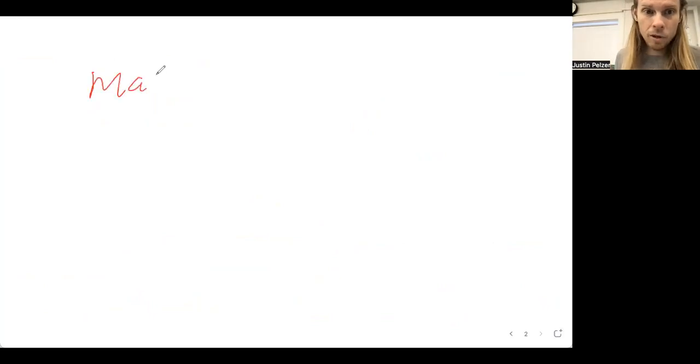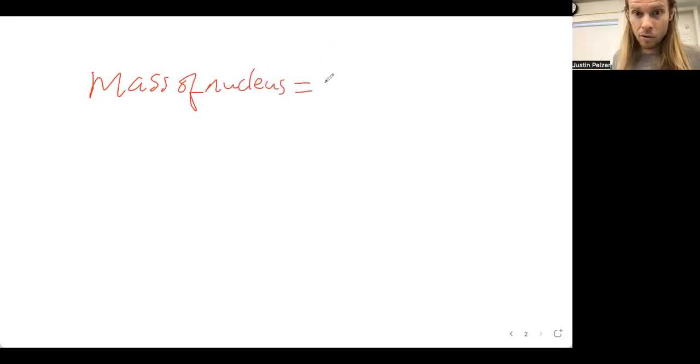The mass of a nucleus, and I'm going to write it like this, equals the number of protons times the mass of a proton, plus the number of neutrons times the mass of a neutron, plus the binding energy. But the binding energy is negative.